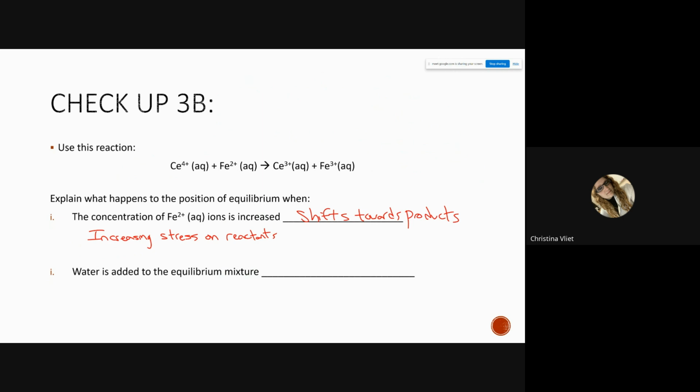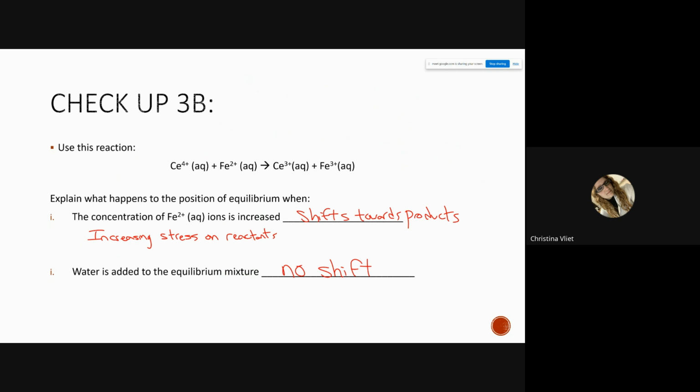I like that second question. Water is added to the equilibrium. So it would be diluted, right? But this is aqueous, so you dilute everything by the same factor. So no reaction, no change.